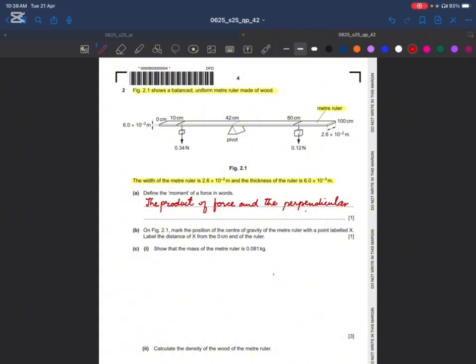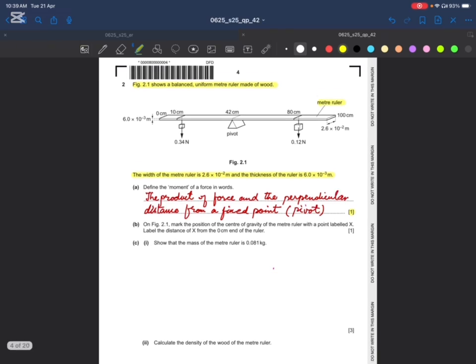You have to write perpendicular distance from a fixed point. What is this fixed point? This is nothing but the pivot. So be careful of these words, then you will get 1 mark. If you write only the product of force and distance, this will not give you any mark, because the product of force and distance is another term, which is work. So be careful.